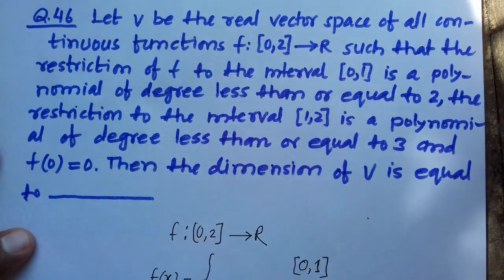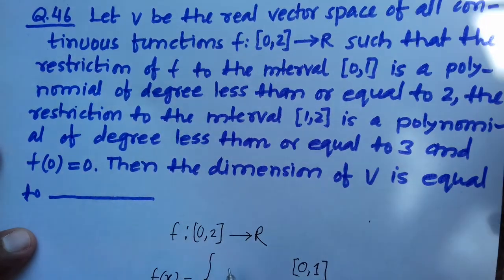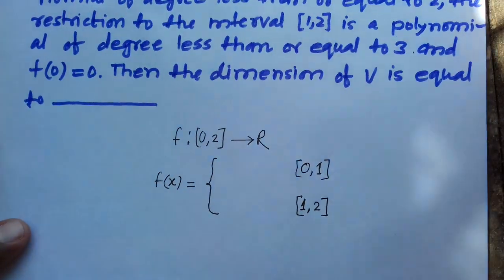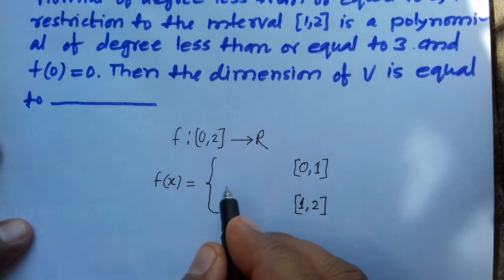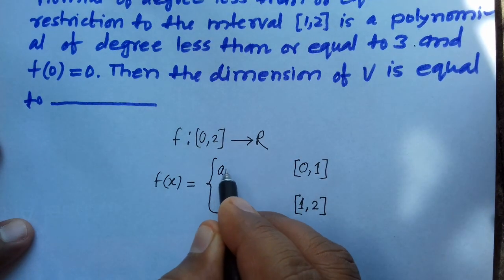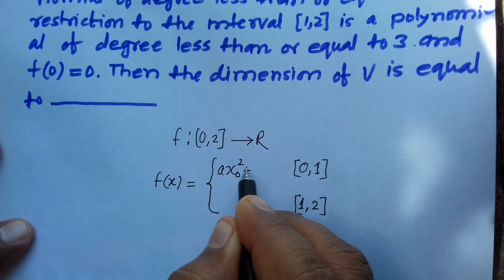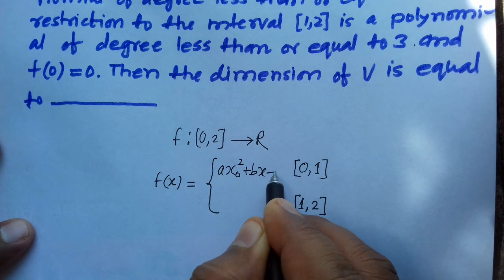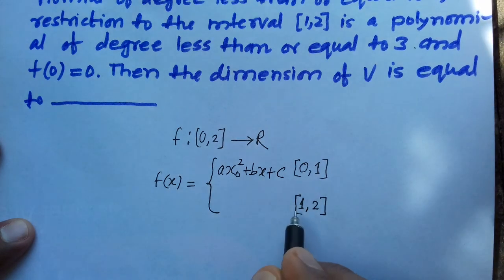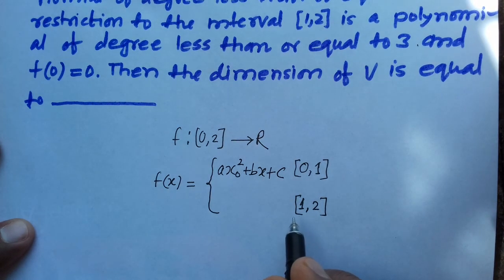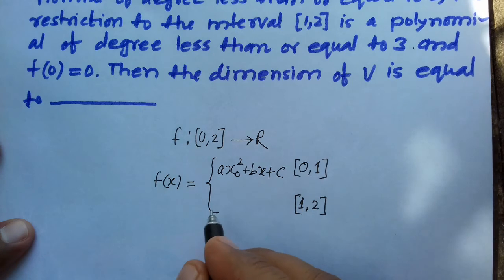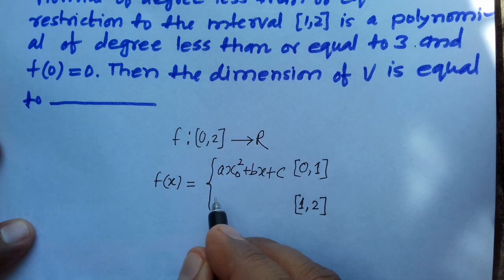And in the question it is given that for 0 to 1 the polynomial is of degree 2, at most 2, ax square plus bx plus c, and for the closed interval from 1 to 2 the polynomial is a cubic, at most cubic.